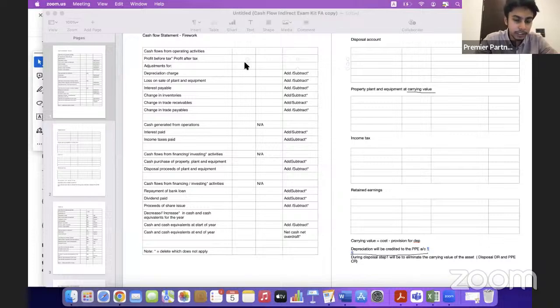Depreciation account debit and provision for depreciation account credit. Correct or wrong? But then what happens? When the PPE account is at carrying value, the organization does not maintain a provision account. Because they are not maintaining a provision account, we can't go and credit there. So therefore, what we do is we credit it inside our PPE account. Simple as that. That's the first thing that we need to do.